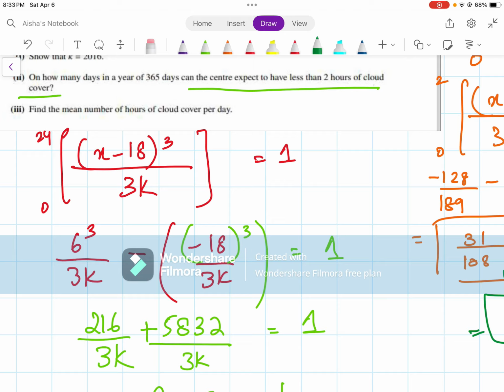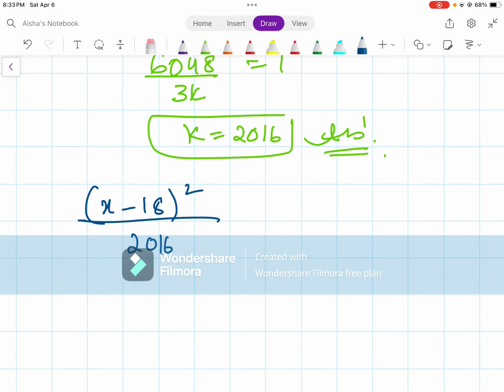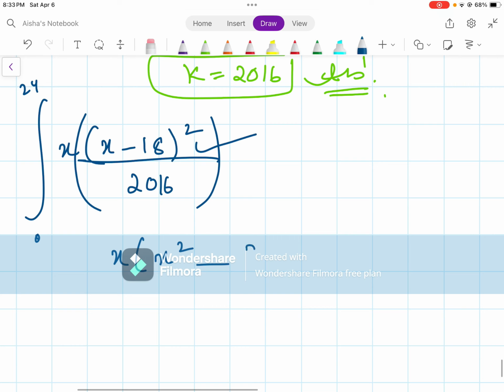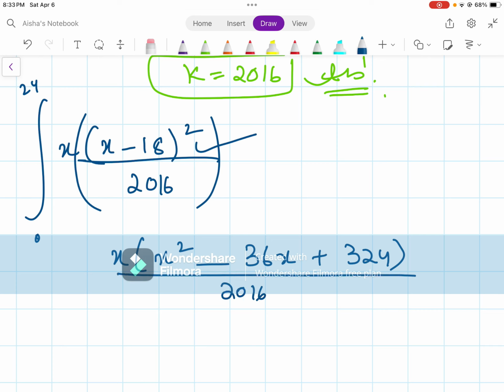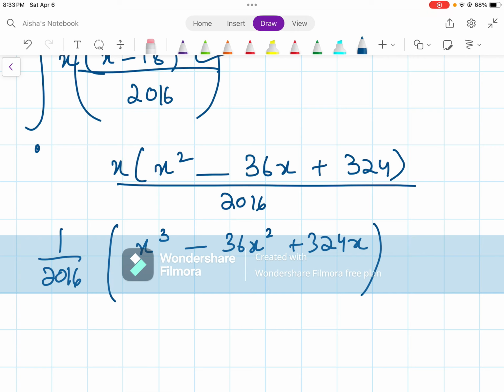Find the mean number of hours of cloud cover per day. My function is x minus 18 the whole square upon 2016. Mean means you multiply it by x and then you integrate it with the limits 24 and 0. First you open this with the help of identity. Putting in the limits.